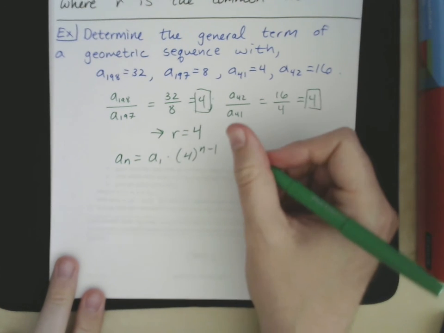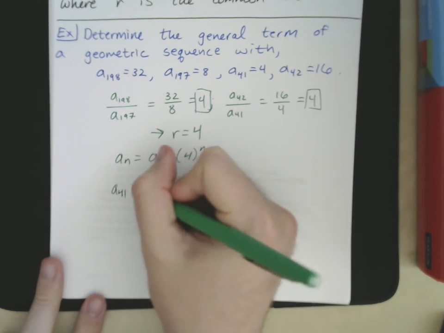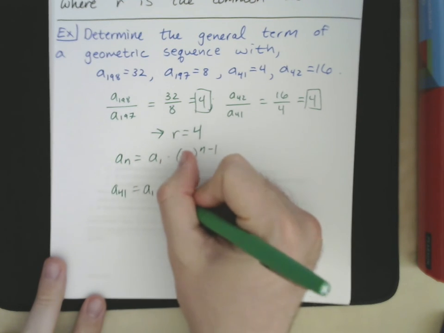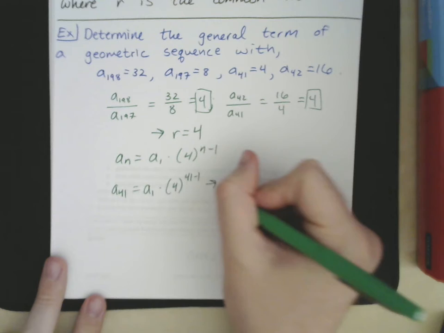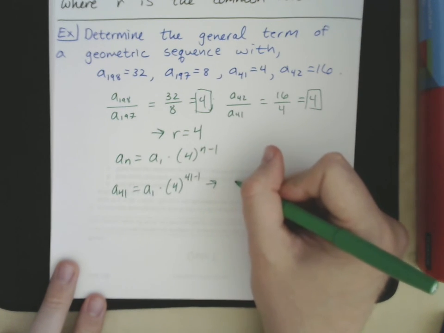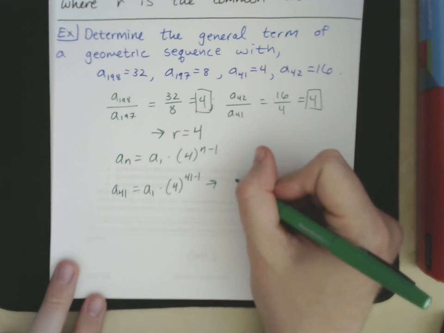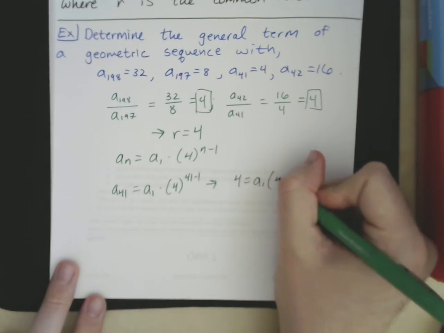So I'm going to pick a sub 41 should equal a1 times 4 to the 41 minus 1, or a sub 41, which is 4, should equal a1 times 4 to the 40th.